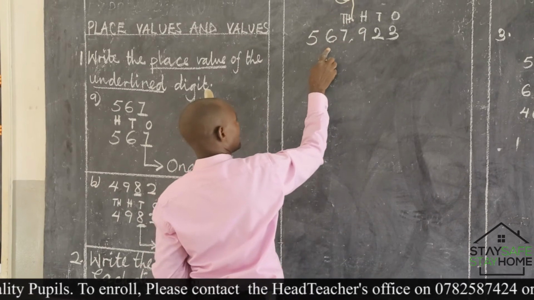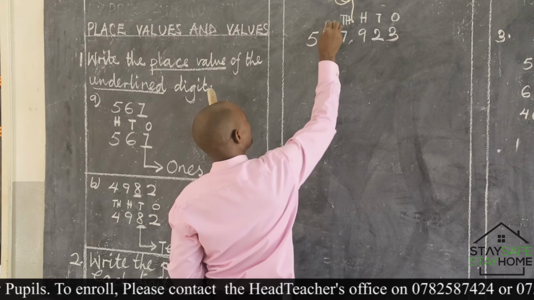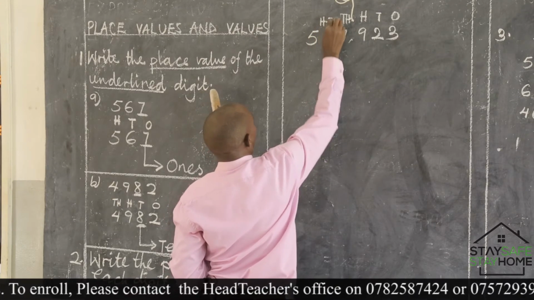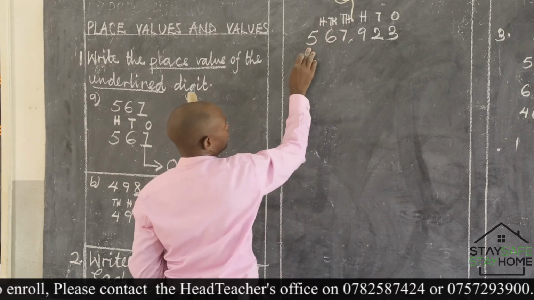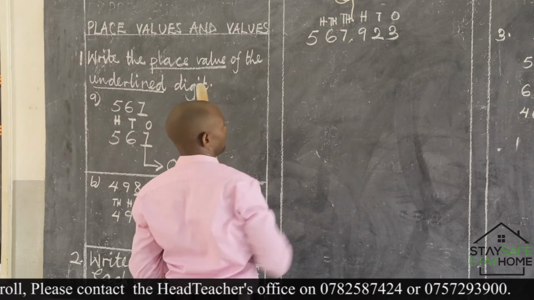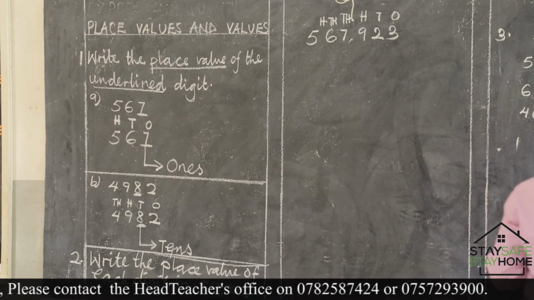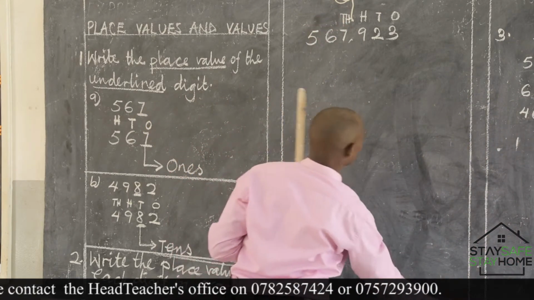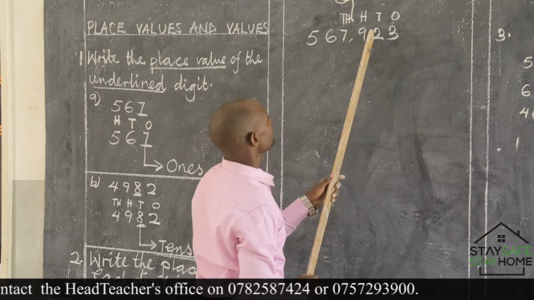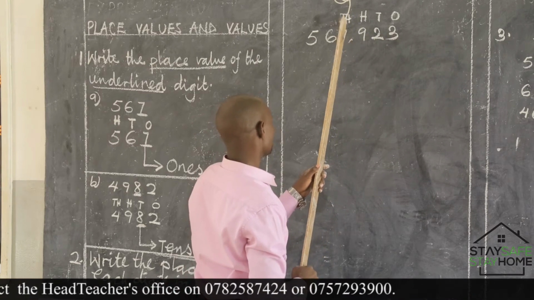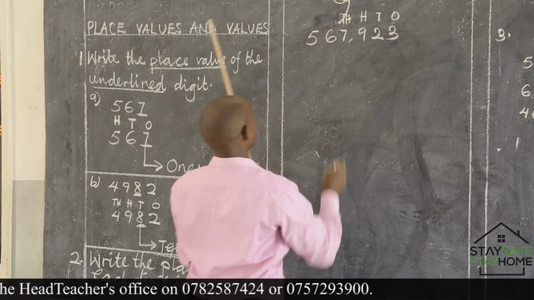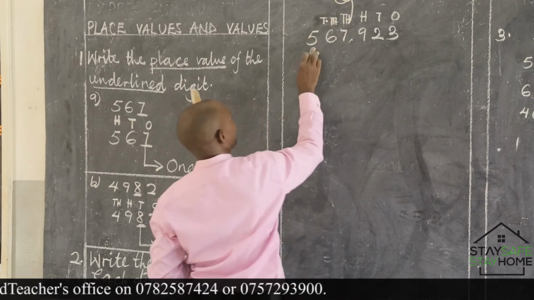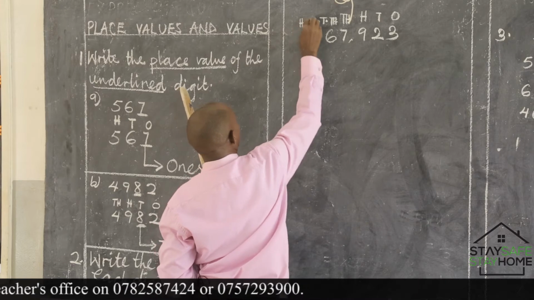Then 6, that is 10,000s. Then this one becomes 100,000s.